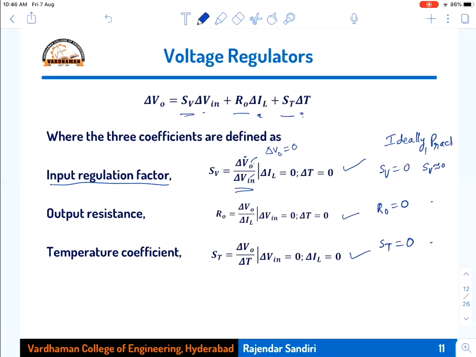So these stability factor values should ideally be 0, or practically, for the voltage regulator to act perfectly, the values of these three parameters should be very close to 0, maybe 0.1, 0.01, 0.05, like that. The closer the values, the greater the advantages, so that you will not get any variation in the output voltage. That is the basics of a voltage regulator.